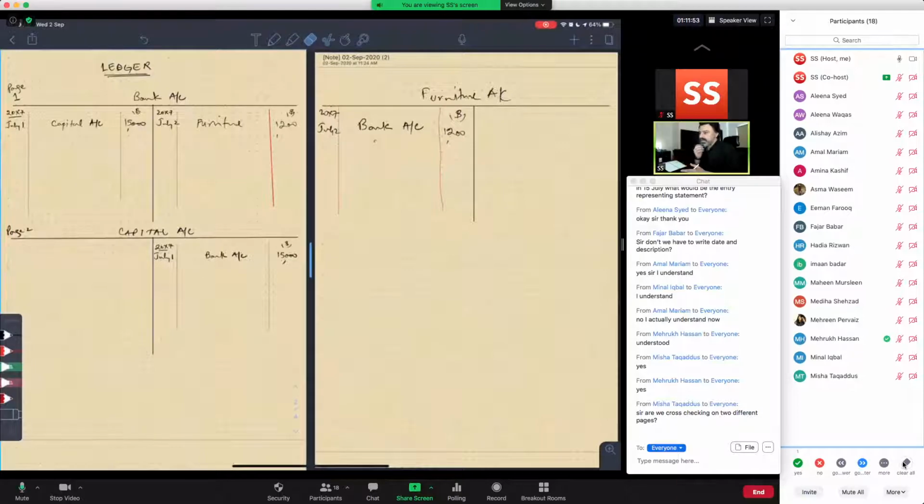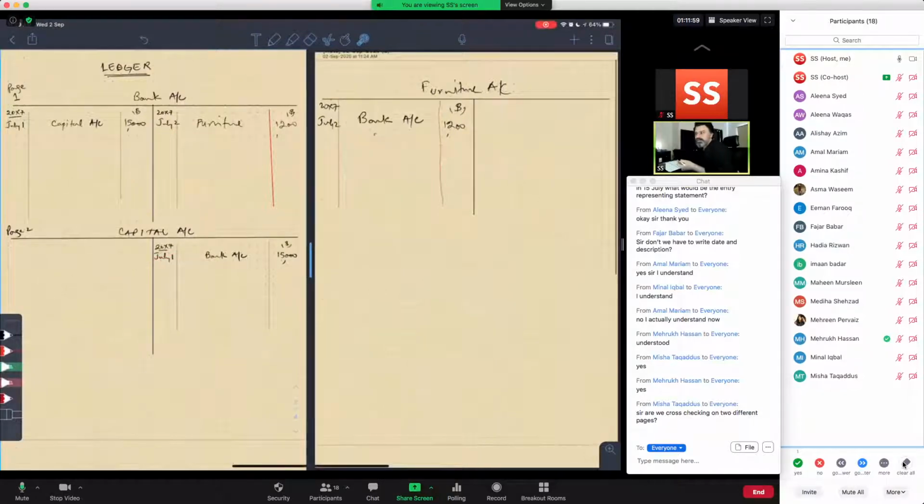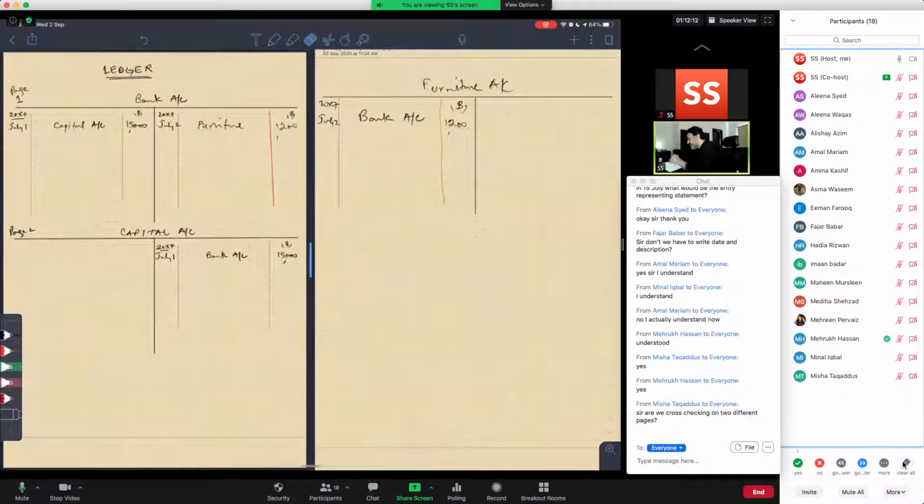So it doesn't matter, these pages are symbolic. In your notebook these three accounts will probably exist on the same page, right? So referring to the other page is basically a symbolic idea. You just have to enter the name of the other account involved in that transaction.